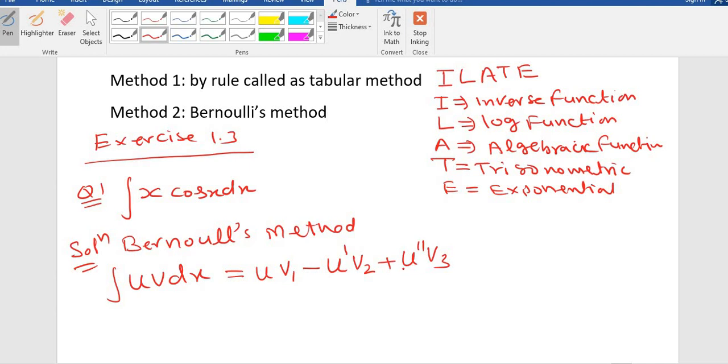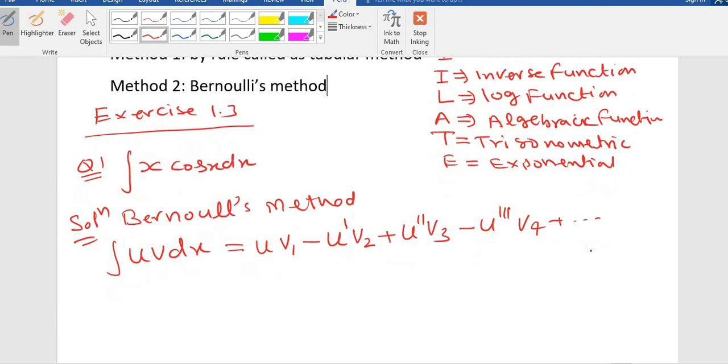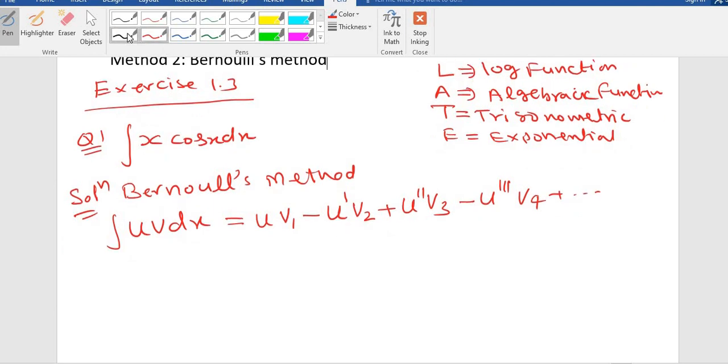Otherwise you proceed step by step up to where the derivative of u is equal to 0. So plus, minus, plus, and then minus u triple dash v4, plus and so on. So I'm going to tell you how to use this.